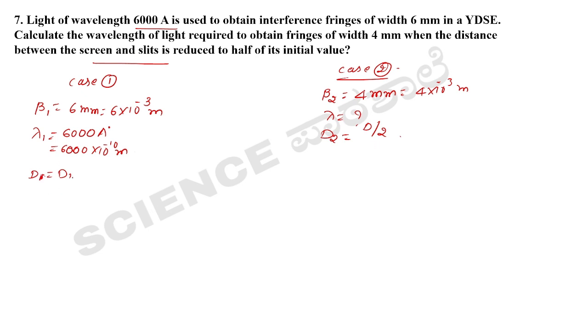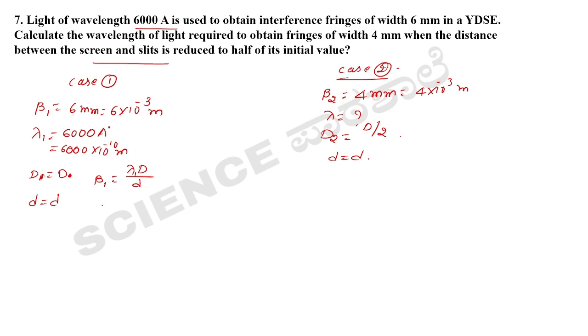So here D1 is equal to D. Whatever small d is, it is the same for both. So first we know the formula: beta 1 is equal to lambda 1 D by small d.